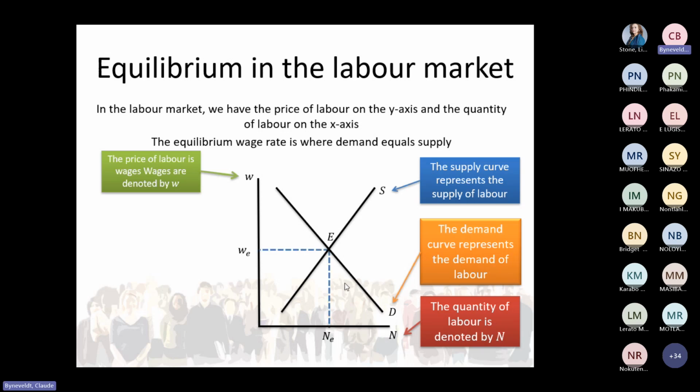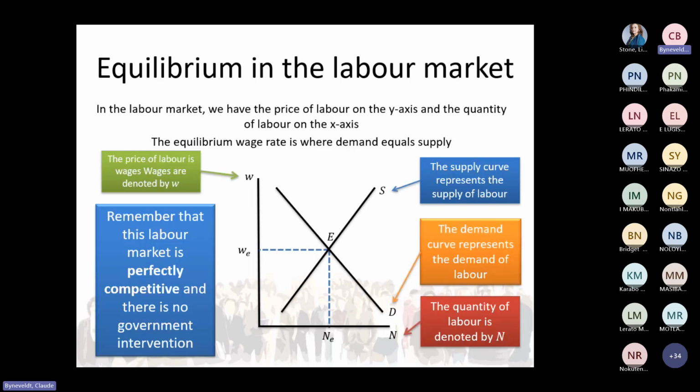Where is equilibrium? The intersection at E in the labor market. What is the equilibrium wage rate? WE. And what is the equilibrium number of workers employed? NE. So this demand and supply analysis that we studied in the goods market previously is also applicable to the labor market, but here we talk about the wage rate as the price of labor. This is how equilibrium in the labor market is illustrated graphically.